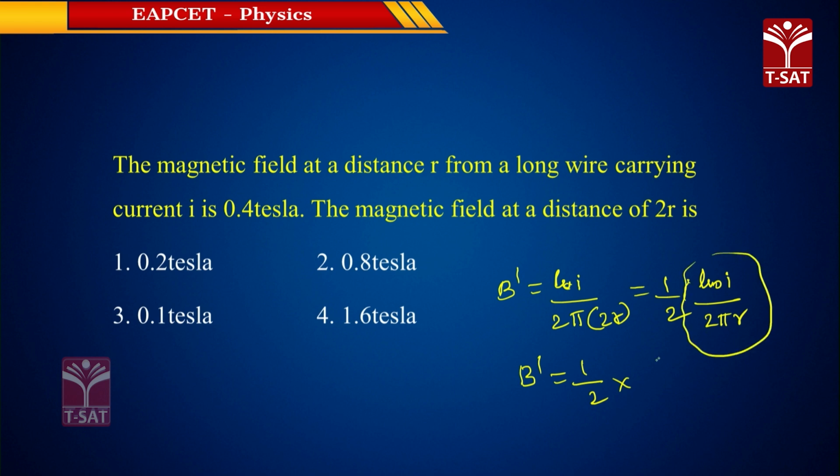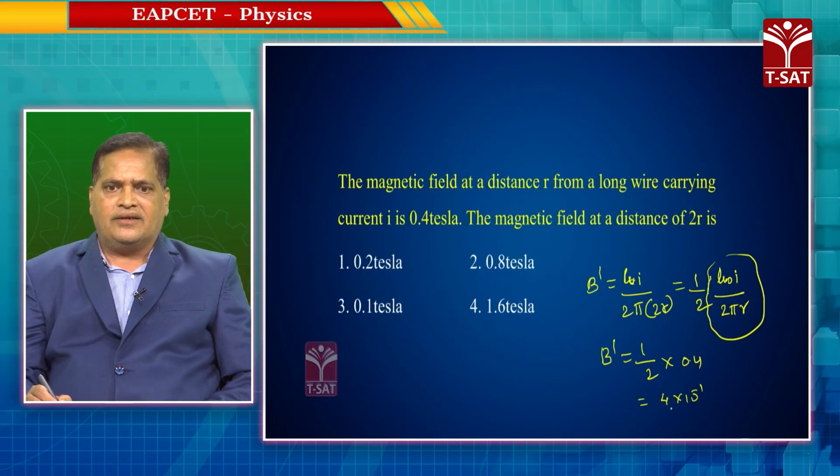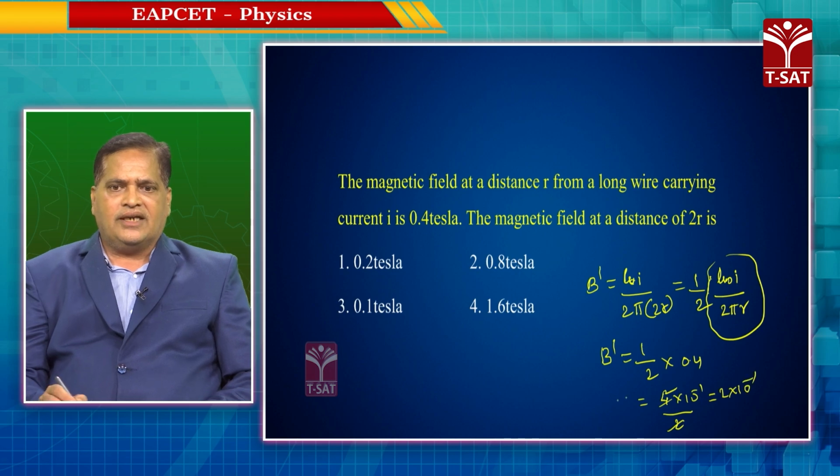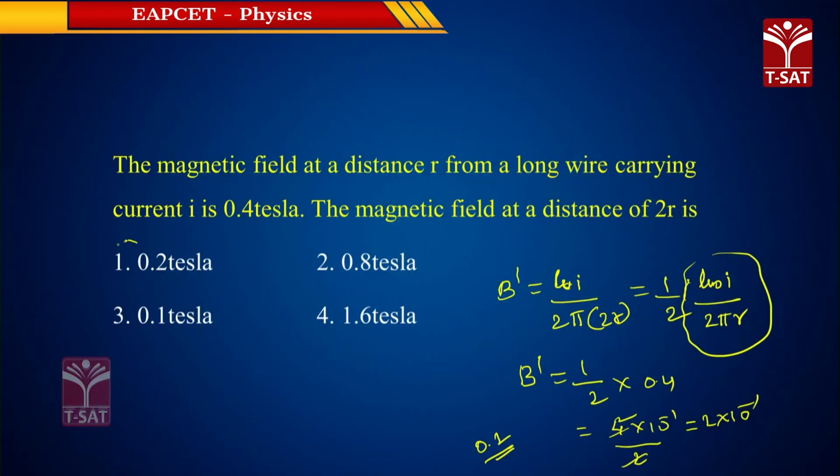This value is given, what? 0.4, children, 0.4. Therefore, 4 into 10 to the power minus 1 by 2. Therefore, 2 into 10 to the power minus 1, that value is what? 0.2 Tesla. This is the answer.